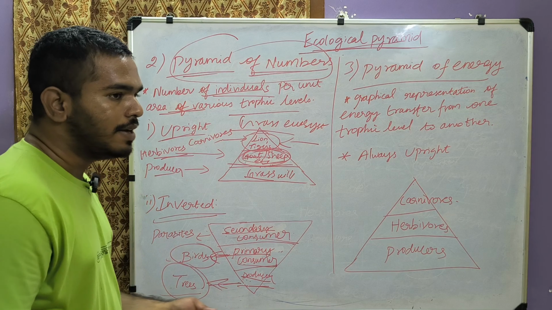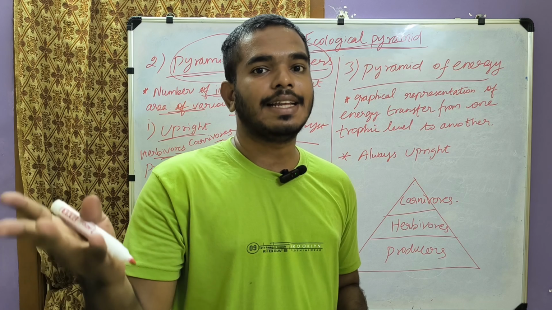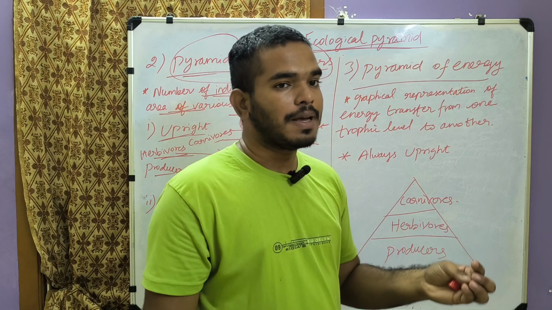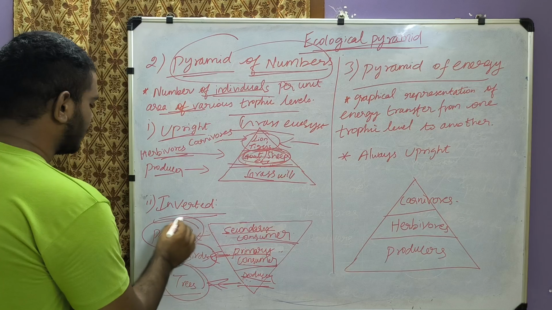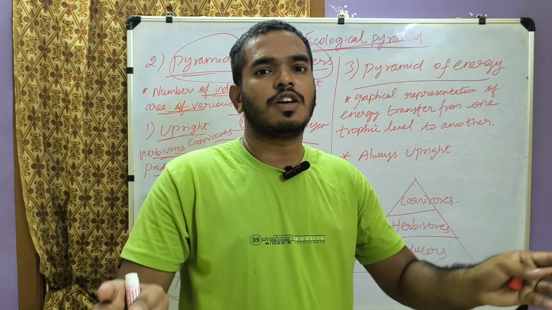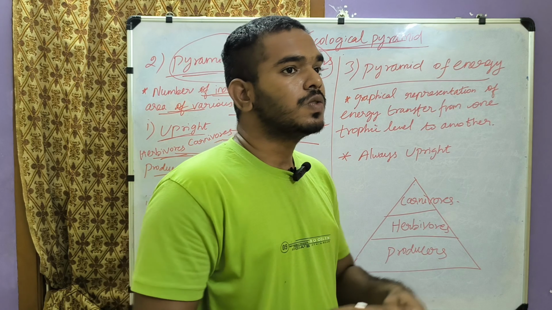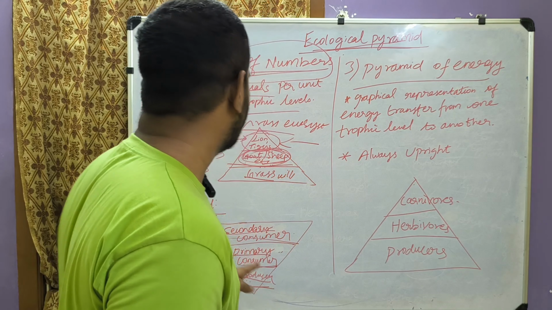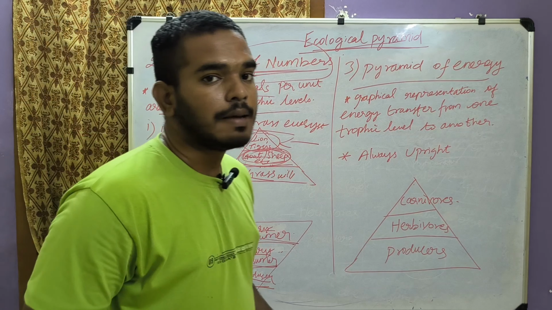After the birds are dead, the body is eaten by bacteria, fungi and other detritivores. So that is what is known as a parasite. Even thousands of parasites can eat a single dead body of a bird, so their number is very huge when compared to the bird. So this is what a pyramid of numbers is.